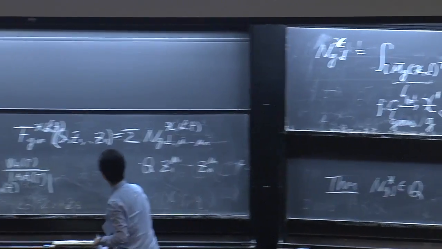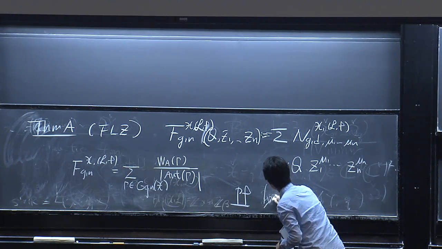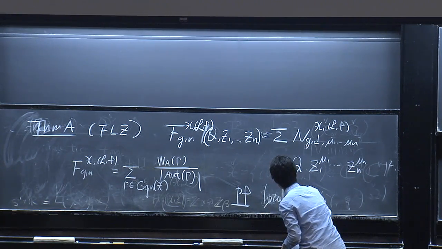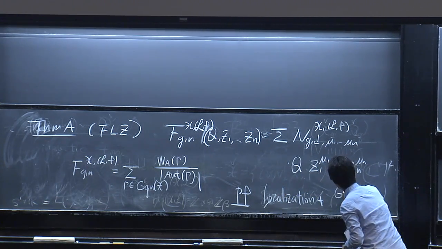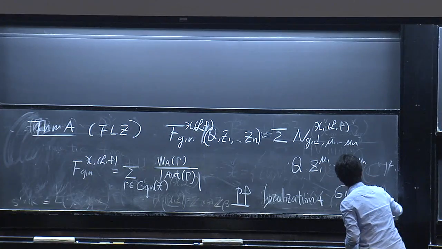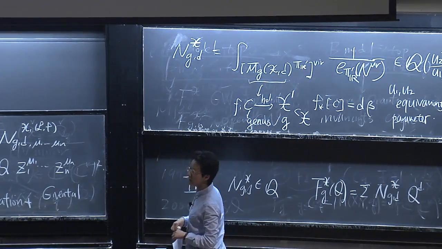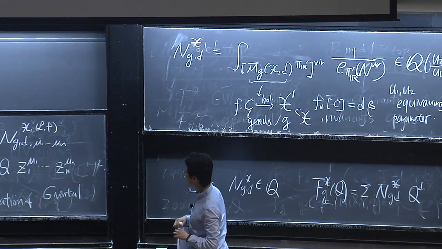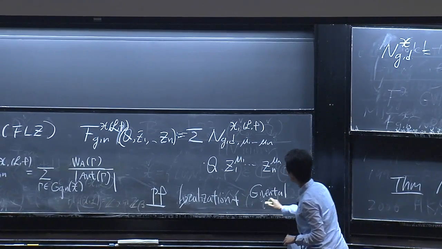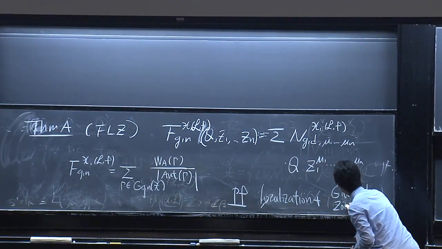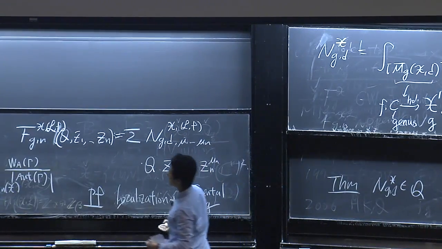And for those, the proof is localization plus Givental's formula for the generating function of descendant closed Gromov-Witten invariants. This is in the manifold case, and in the orbifold case, we use Tseng's generalization. So we get such a graph sum formula.